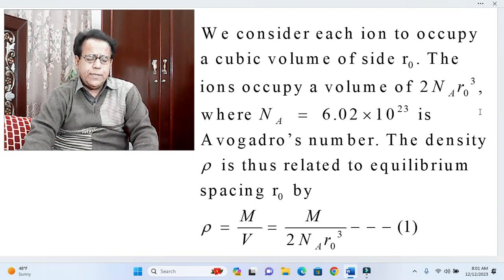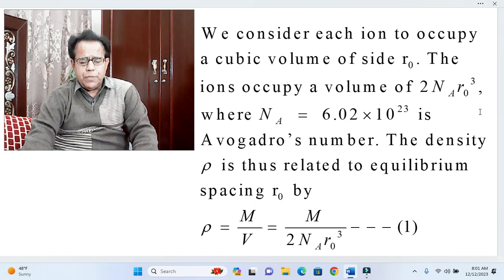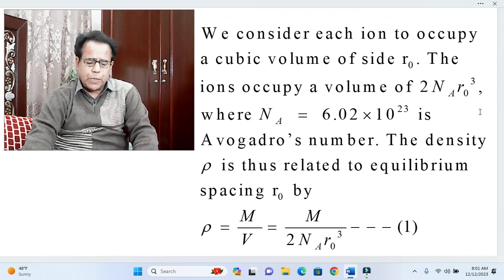The density rho is thus related to equilibrium spacing R naught by rho equal to capital M over capital V. This alternatively becomes equal to capital M over 2 N_A R naught cube.